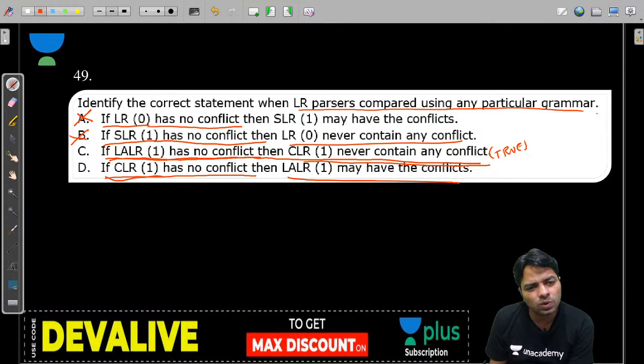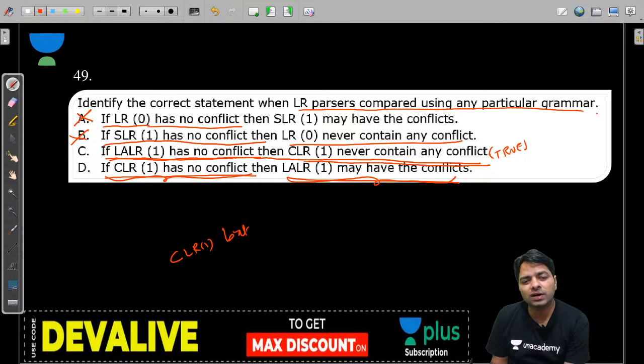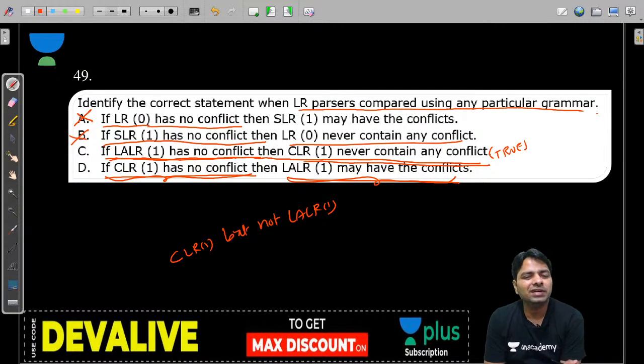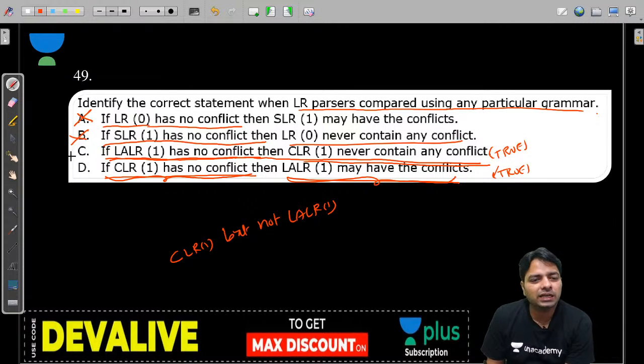If CLR1 has no conflict, then LALR1 may have a conflict. This is true. Sometimes LALR1 will have a conflict. Have you seen the grammars which are CLR1 but not LALR1? And these grammars are in D, and in C, definitely every LALR1 is a CLR1. Okay, here C and D both are true. It is MSQ.